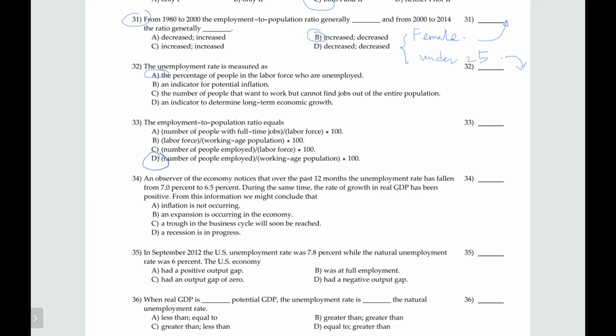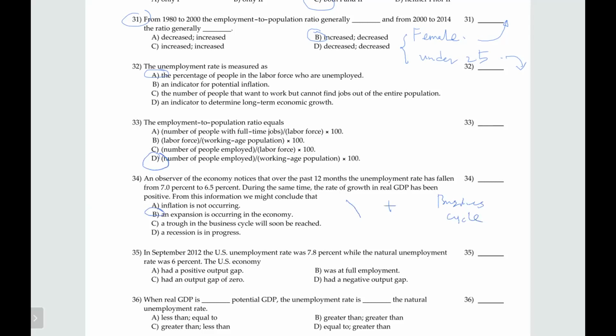From this information, we might conclude... So first, we notice the unemployment rate declined, and at the same time the economy is growing, right? So, positive growth. Based on the discussion of the business cycle, we should notice the economy is in expansion. So B is correct.